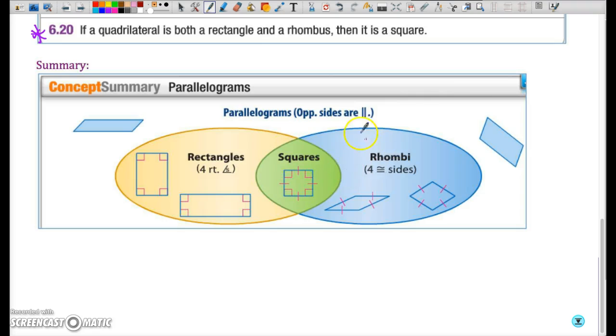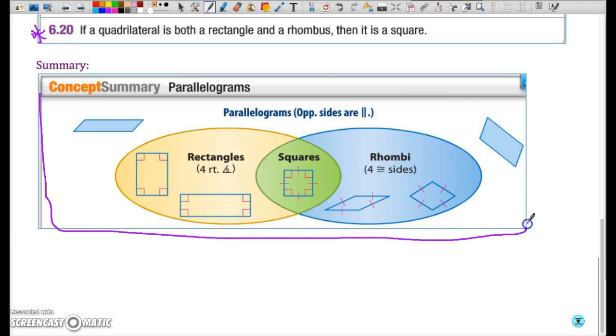and we have a Venn diagram over here, and what's good about this visual is that it's very clear that within the family of parallelograms, we have parallelograms, rectangles, squares, and rhombi. A rhombus is a parallelogram but has additional characteristics.